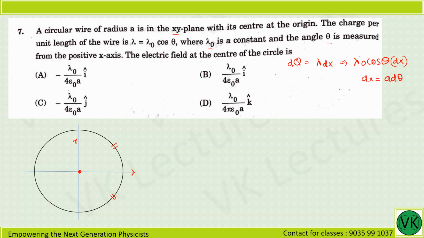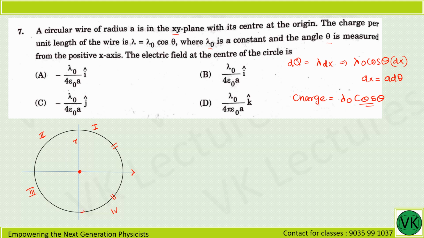Now dq, the charge, is equal to lambda naught cos theta. Now we know that this is the first quadrant, second, third, and here we have the fourth quadrant. Now the cos theta value is positive in the first and fourth quadrant.